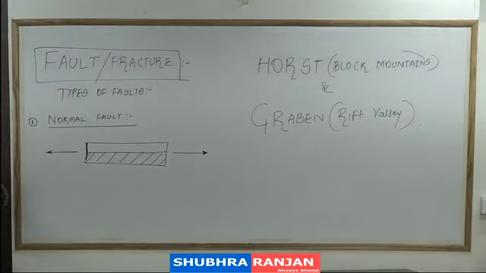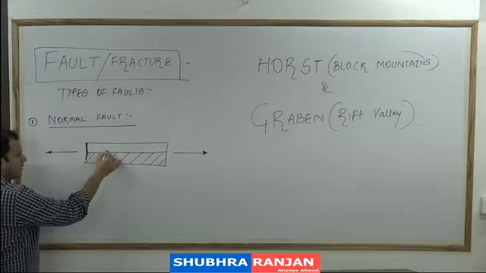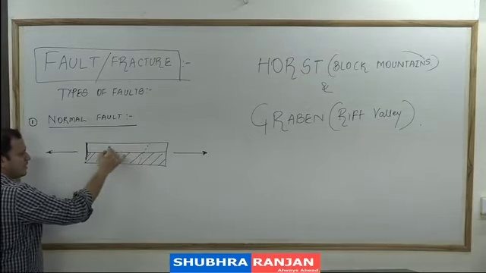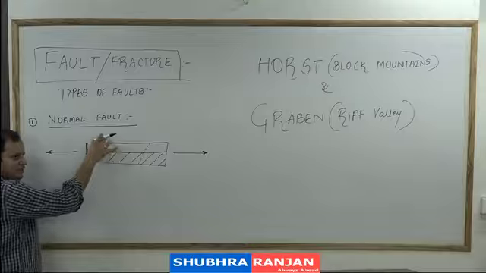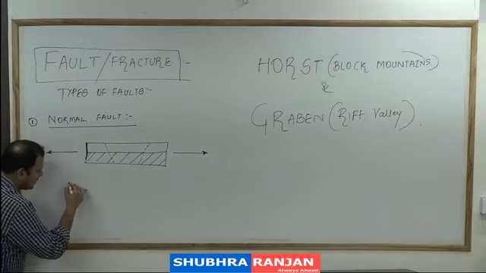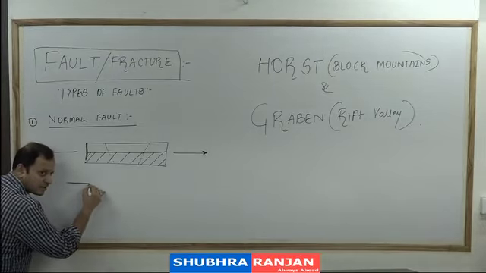Because I am pulling, there will be some point जहाँ से a crack will be developed, right? For ease of diagram, I am making it very simple. Suppose ये ऐसा crack develop हुआ है because this is the zone of weakness. और इसके बाद अगर फिर से pull किया, so what will happen is the landform will become stretched.